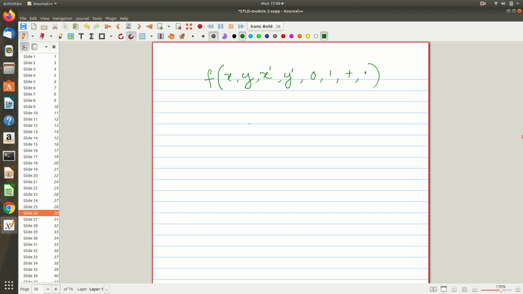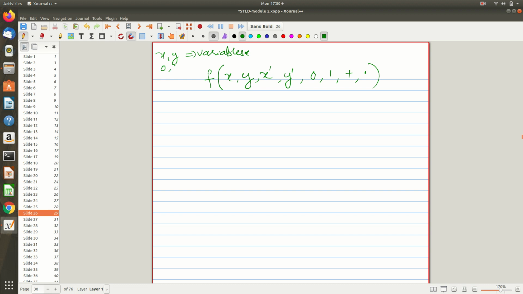I can express it as a function of variables, maybe more than 2 variables also. Here I assume 2 variables x, y, and their complements, right? Then 0 is a special case, 0 is a constant actually; x, y are variables. Of course, their complements are also variables, right?